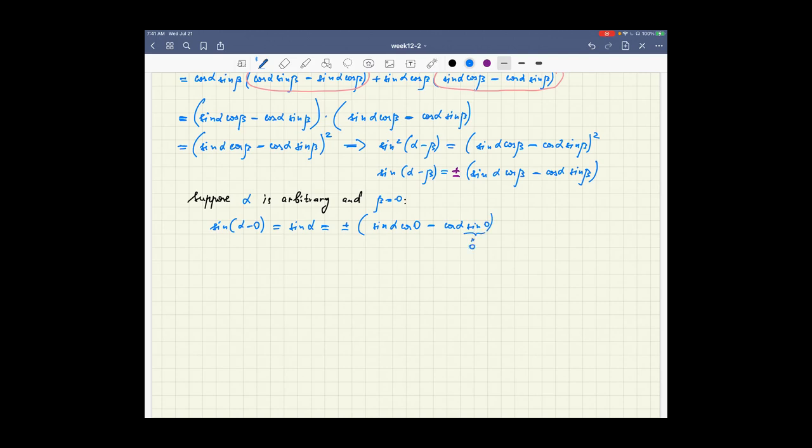Sine of 0 is of course 0, and cosine of 0 is 1, so that is plus or minus sine alpha. Well, in order for sine alpha to be equal to this for an arbitrary alpha, we have to have the positive sign here.